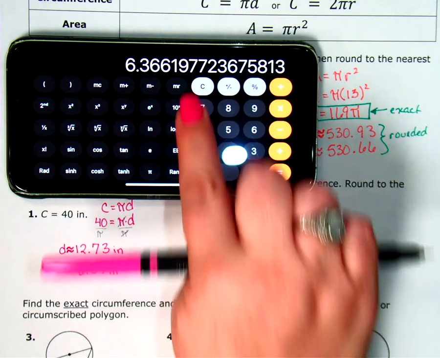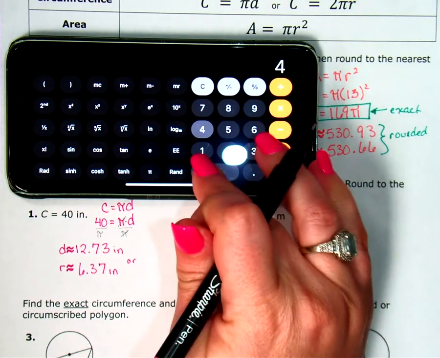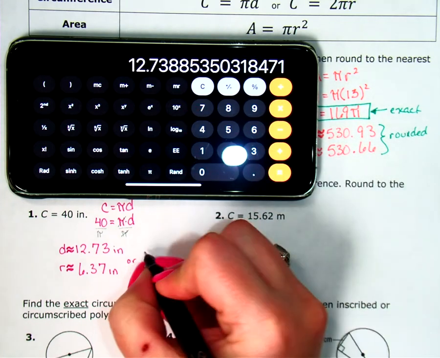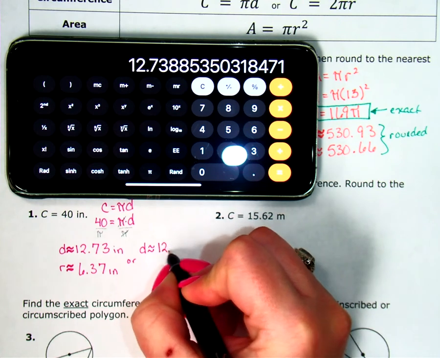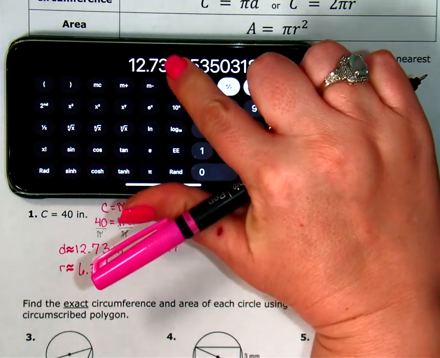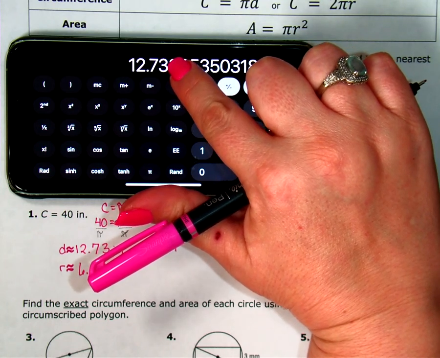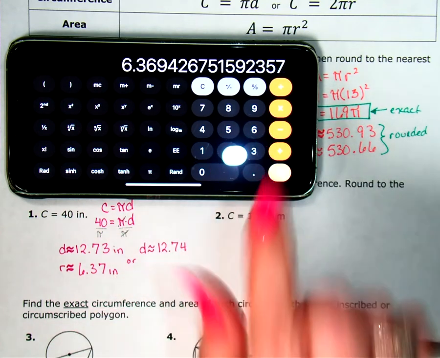Okay, because I could have used the 3.14. Right? I could have said 40 divided by 3.14. 40 divided by 3.14 gives me a diameter that is about 12.7. After the 3 is an 8, so I'm going to round up to 12.74. And then divide that in half.